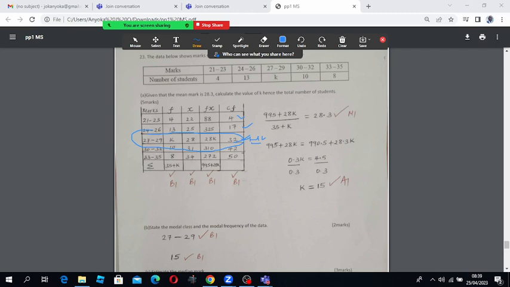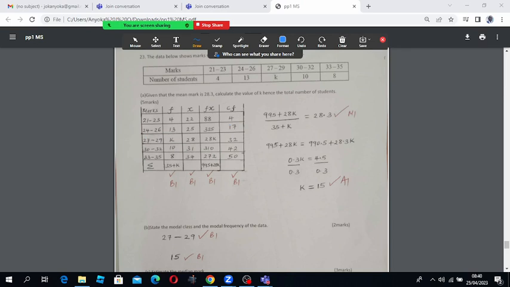So we get the lower class boundary of the median class, which will be 27 minus 26, 1, divided by 2, 0.5. So 27 minus 0.5, which is 26.5.